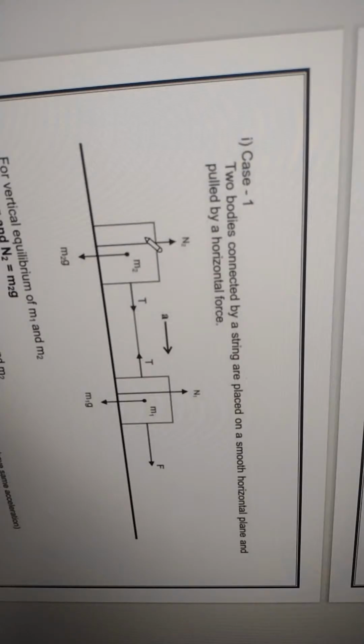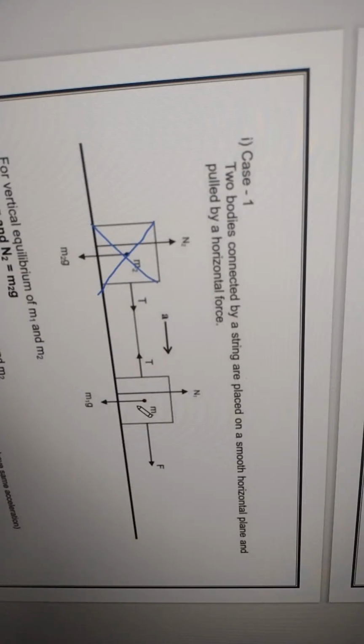So this is the centroid of the rectangle, or the square, where the diagonals meet here.